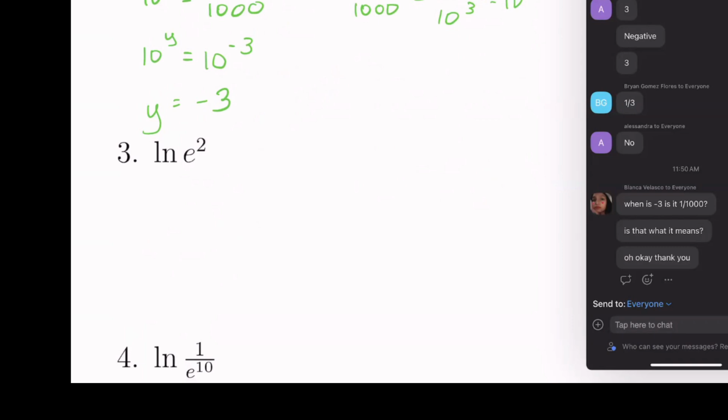All right, number 3, the natural log of e squared. We use natural log instead of writing log base e of e squared, but that's what it means.